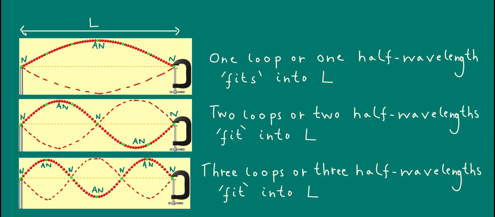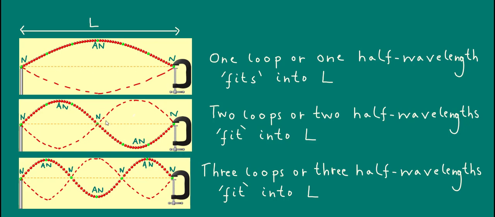Let's call the distance from the node at the transducer to the node at the clamp L. If you look at the first harmonic here, you can see that we can fit one loop, or equivalently one half wavelength, into this distance, right?